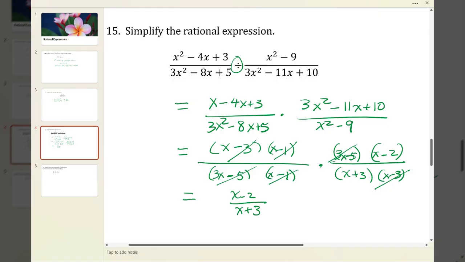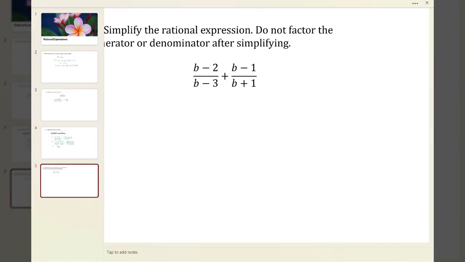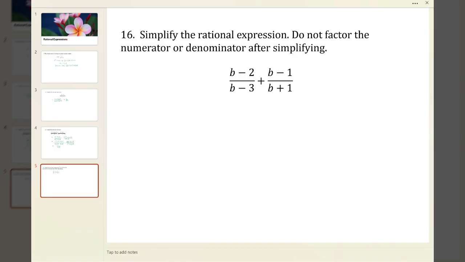And the last one is asking you to simplify. Now this is an adding problem, so you need to find the common denominator. The least common denominator for both of them is b minus 3 times b plus 1. And so the numerator has to change too, right?